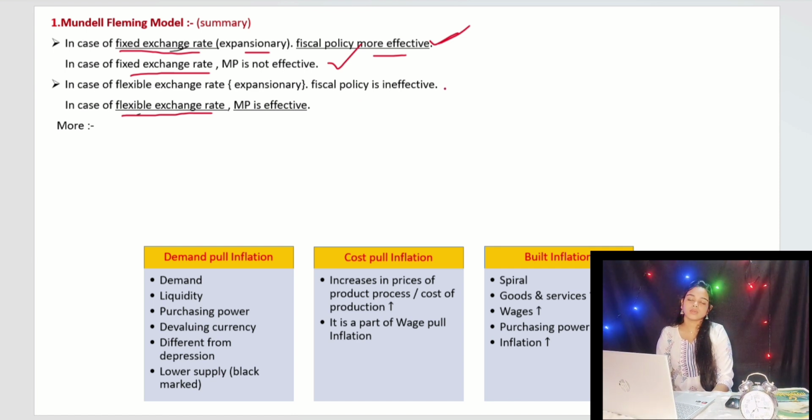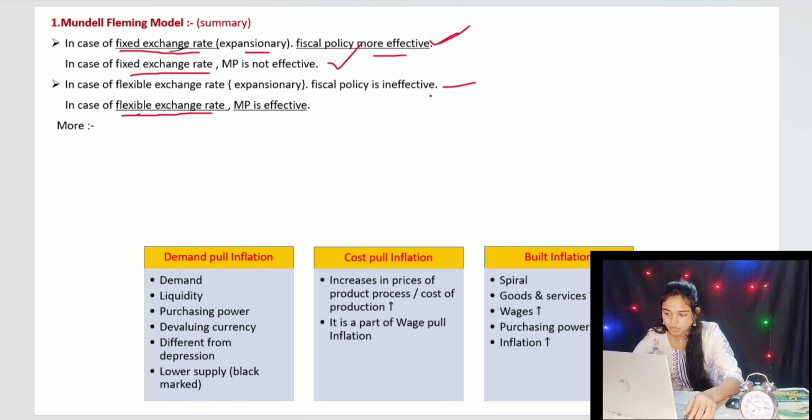Similarly, in case of expansionary policy under the flexible exchange rate system, which is set by free market forces, the fiscal policy is ineffective and the monetary policy is effective. Because to expand economic growth, the government spends more. As a result, the interest rate drives up, which reduces private investment.